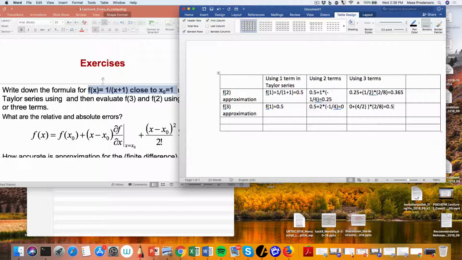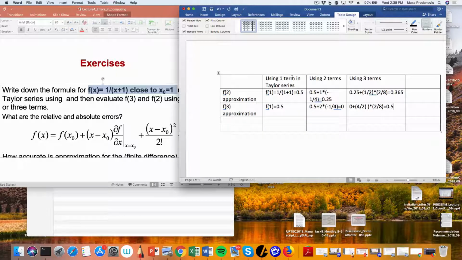So it's about looking closely at the formula and applying it correctly, which takes a little bit of practice. Now, my f of 2, as I'm adding terms, initially I'm estimating both f of 2 and f of 3 to be 0.5. That's bad. That's an approximation with a constant, so that's a poor approximation.